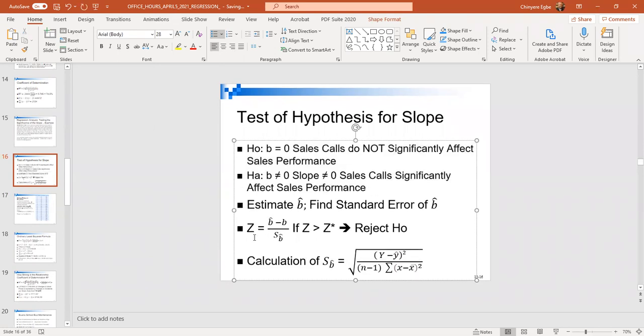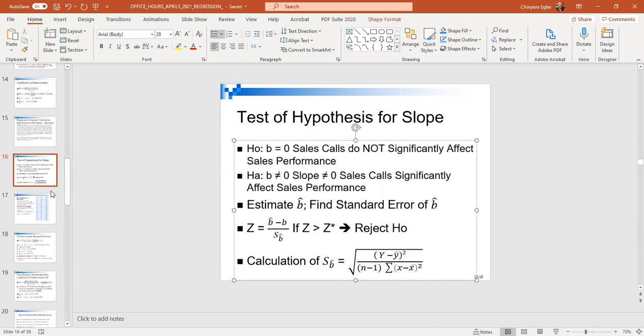Now you calculate Z, and Z is equal to B hat minus B divided by the standard error of B hat. If Z is greater than Z star, you reject the null hypothesis that B is equal to 0. And of course, you also calculate the standard error of B hat. So we're going to go through that.